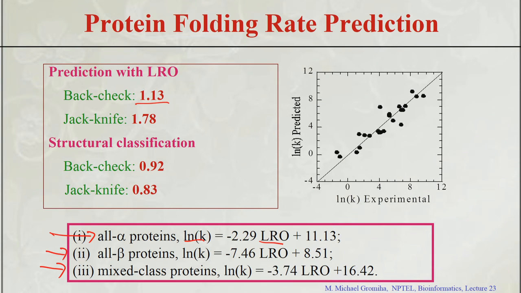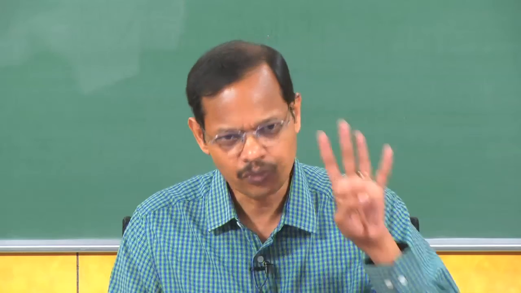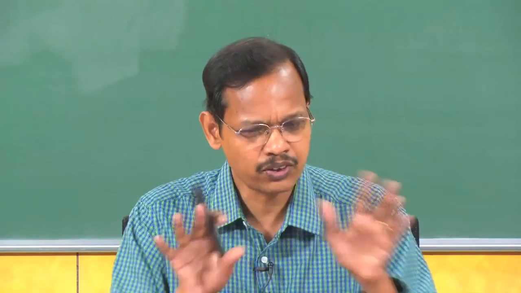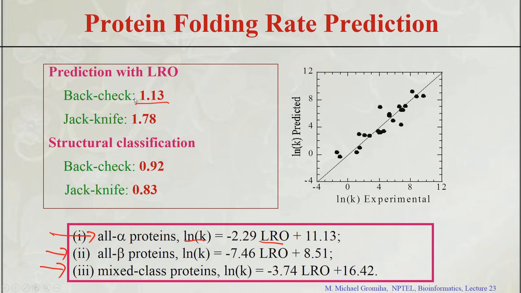Then we classified the proteins into 3 different groups. We derived equations: one equation by considering all the proteins together, only one common equation for all proteins, in which case the deviation is 1.13. Then we classified the proteins into 3 groups, mainly all alpha, all beta and mixed class proteins, derived the equations from the LRO, and calculated the folding rates.